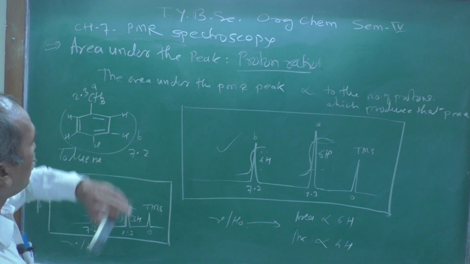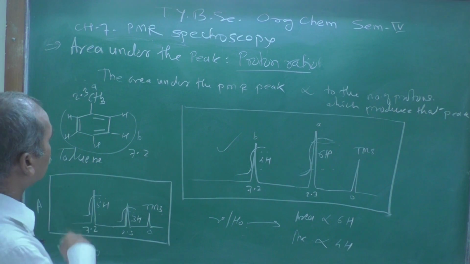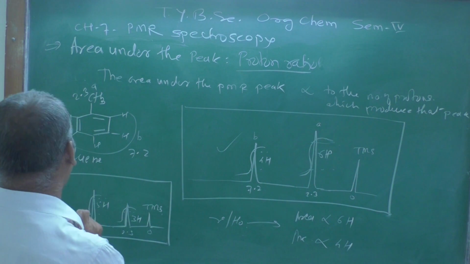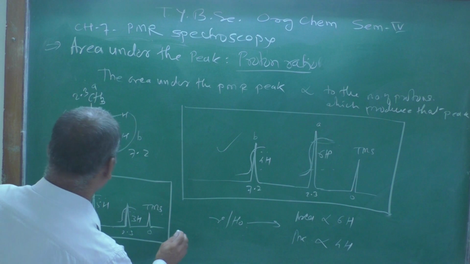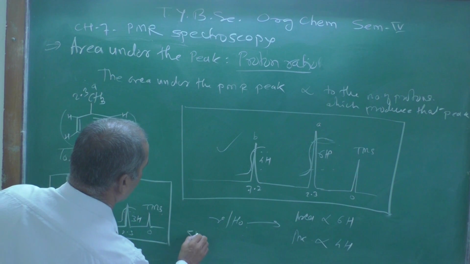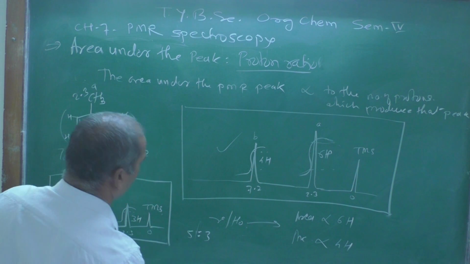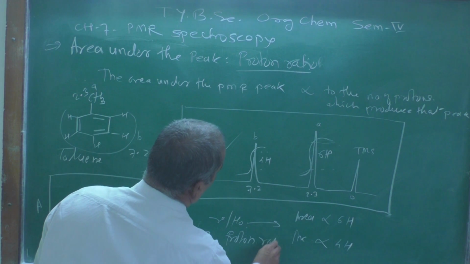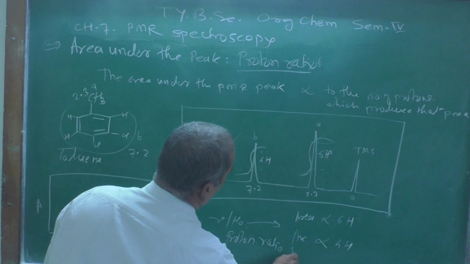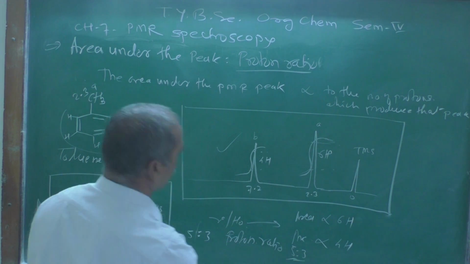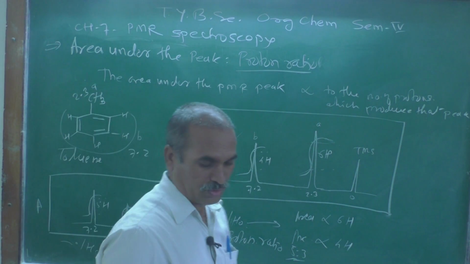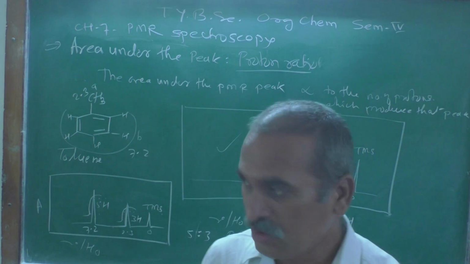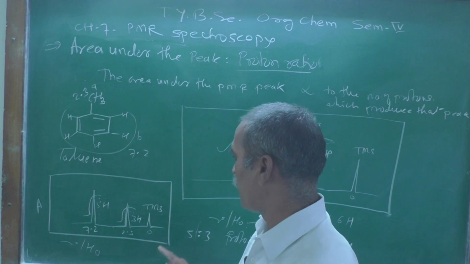The relative area under the peaks comes out to be 5:3, and the proton ratio also comes out to be 5:3. Proton ratio and relative ratio are one and the same thing.